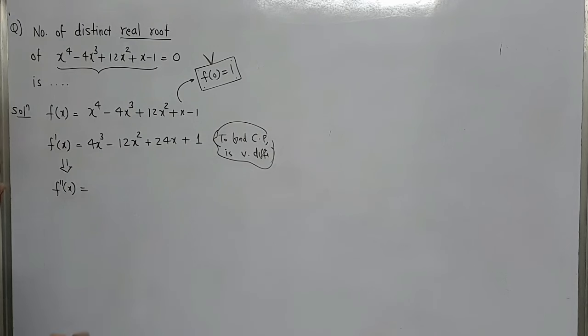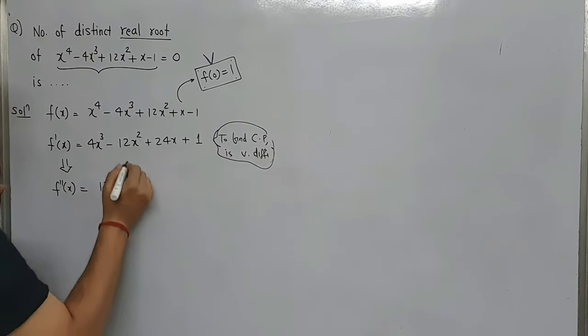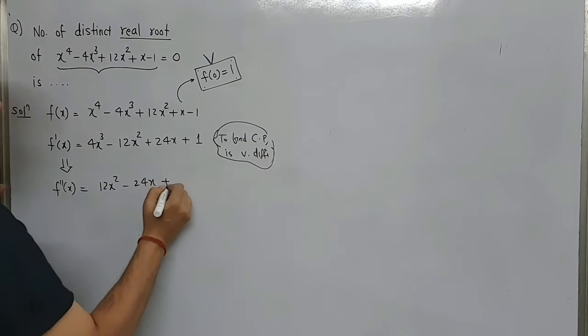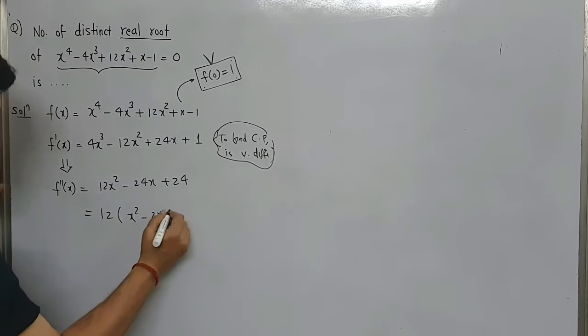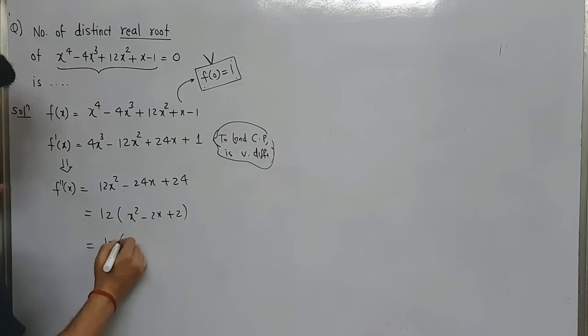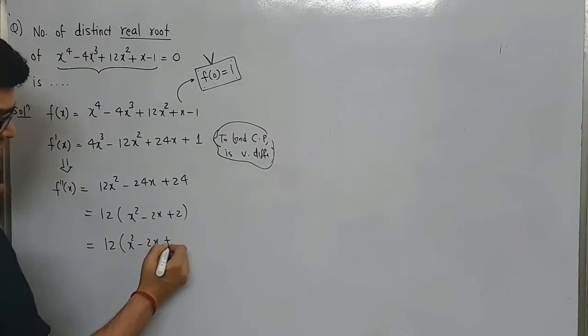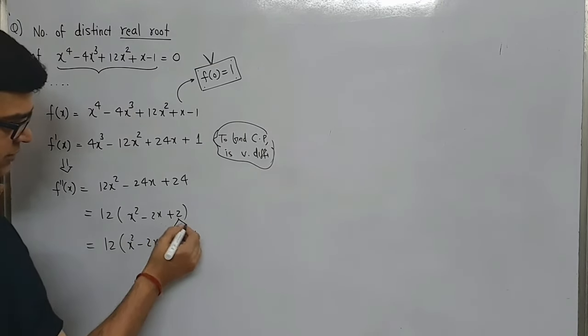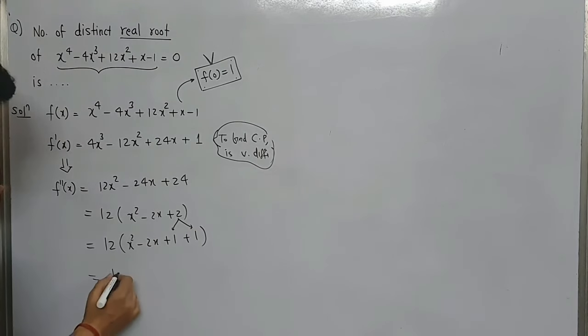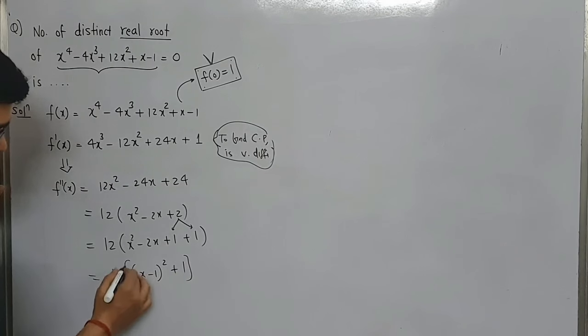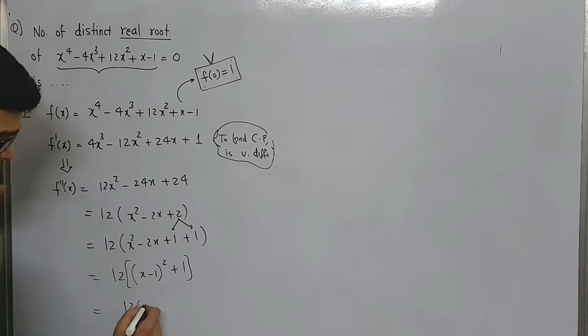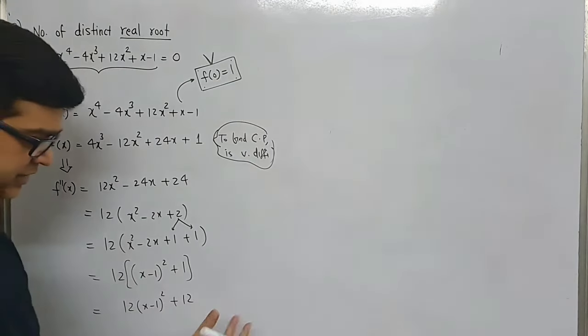So when I differentiate again, this is going to be 12x squared minus 24x plus 24. We can take 12 common. This is x squared minus 2x plus 2. So this is 12 into (x squared minus 2x plus 1, plus 1), where I'm splitting 2 as 1 plus 1. So this is 12 into (x minus 1) whole squared plus 12 into 1, that is 12.